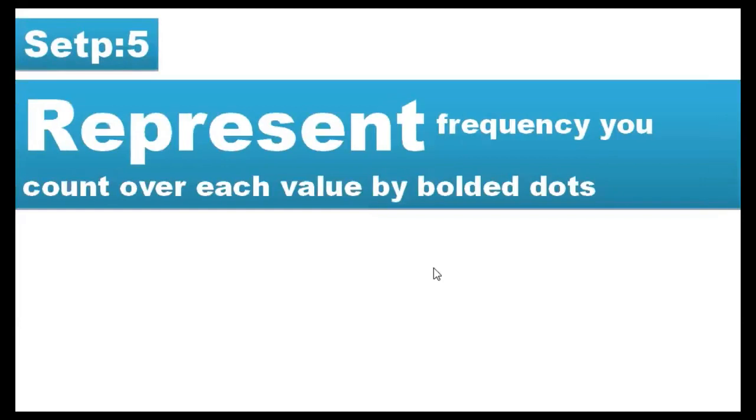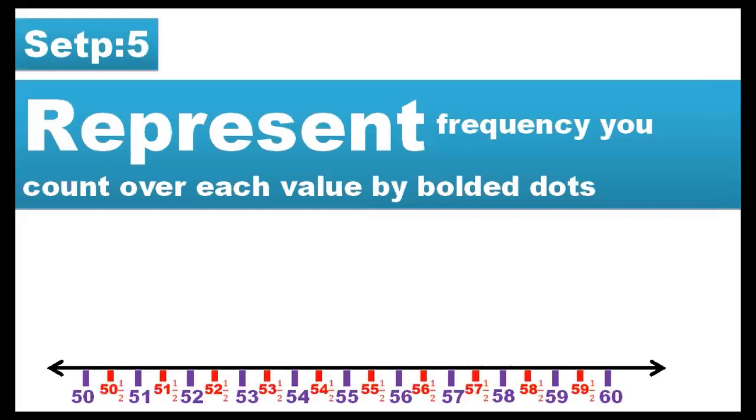Okay? Step number 5. Represent the frequency you counted over each value by bold dots. As I told you, you are going to work with the number line you drew like that. Where is 50? This is the first point, yeah. So how many times is 50 repeated, what is its frequency? Just 2. Okay, now what about 50 and a half? 50 and a half, I think, is repeated 6 times. This is 2, another 2, another 2.